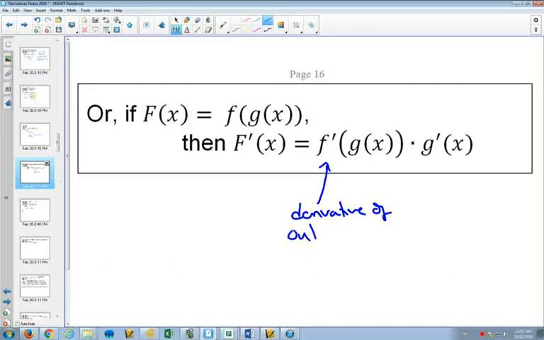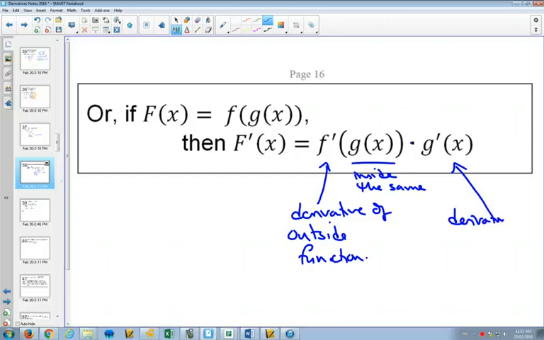I like to call them outside and inside functions. So there's our derivative of our outside function. We kept the inside stayed the same here. And then you multiply by the derivative of the inside function.